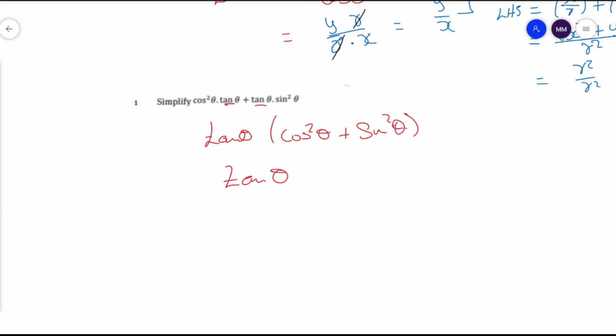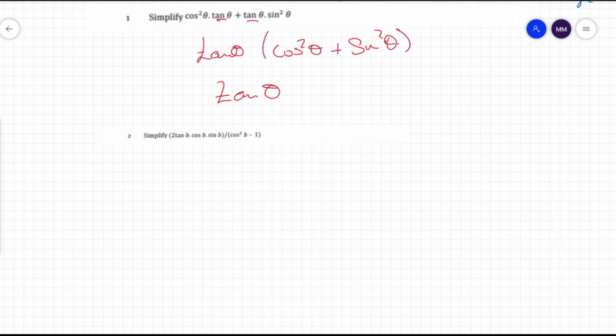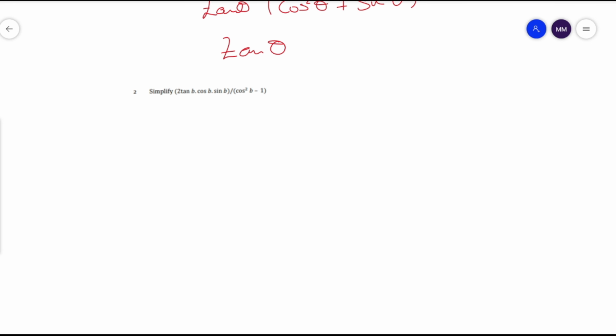Okay, now let's move on to example number 2, which says simplify this expression. Let's just write it down here so that everybody is able to see: 2 tan b cos b sine b, all divided by the square root of cos b minus 1.